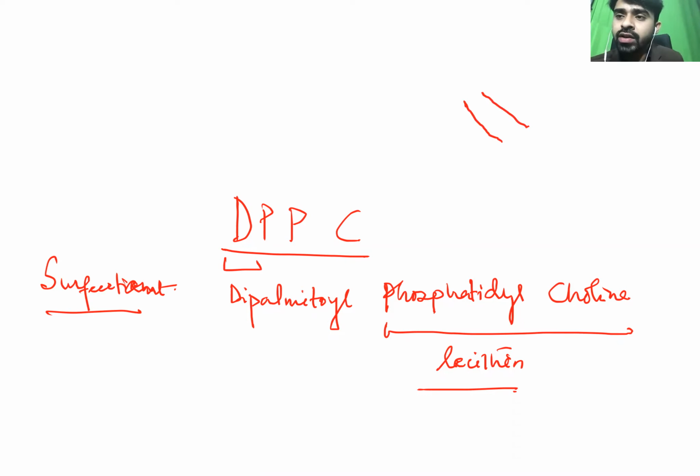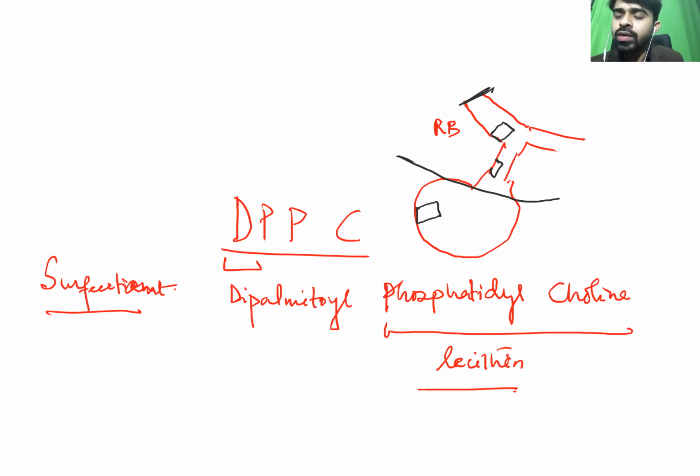You know already: respiratory bronchiole, alveolar duct, and alveoli. So next question to you, what is the name of the cell which will produce surfactant in the alveoli? And what is the name of the cell which will produce surfactant in the respiratory bronchiole or alveolar duct?